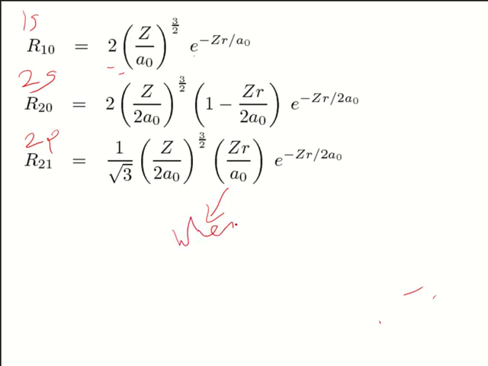when r is equal to 0, R21 is 0, the whole function goes to 0. So the amplitude of the wave is 0 at this point, and then it rises.